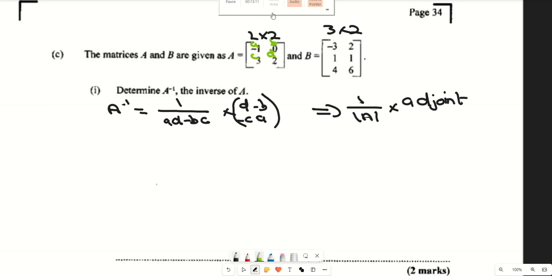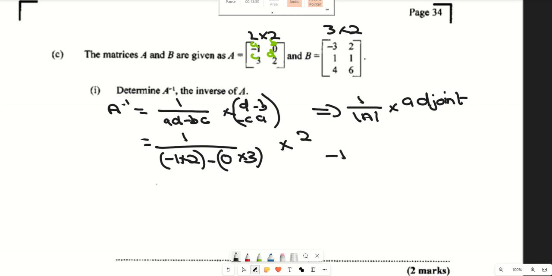So now let's put in the values. That's 1 over AD, which is -1 multiplied by 2, in brackets, minus BC, which is 0 multiplied by 3. Multiplied by the matrix with A and D interchanged, that's 2 and -1, and then 0 and 3 multiplied by negative.